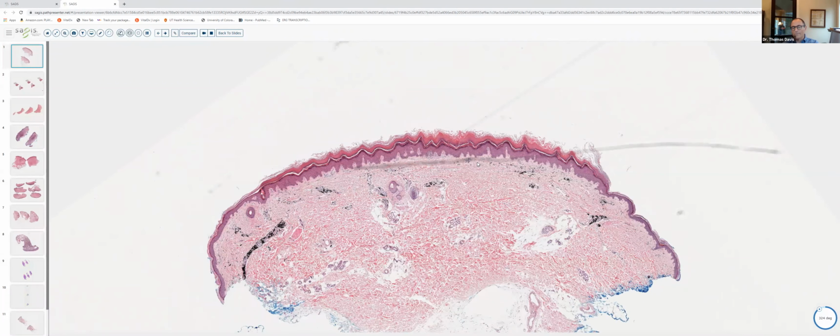So it's present both intracellularly and extracellularly. The granules are a little variable in size and shape, but clearly dark black. And again, it's distributed predominantly around vessels, and there's little, if any, inflammatory reaction here.